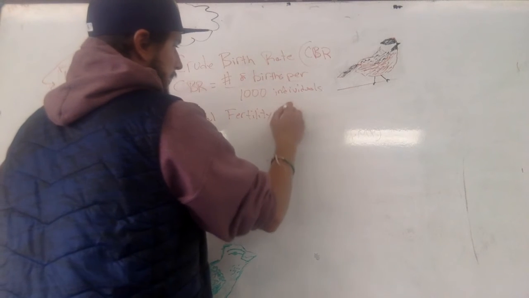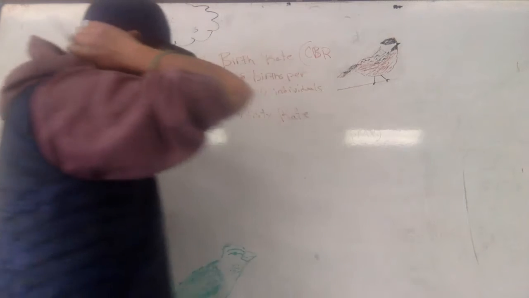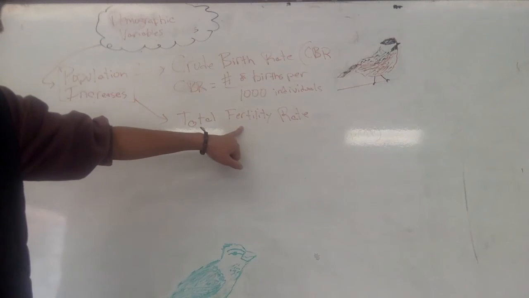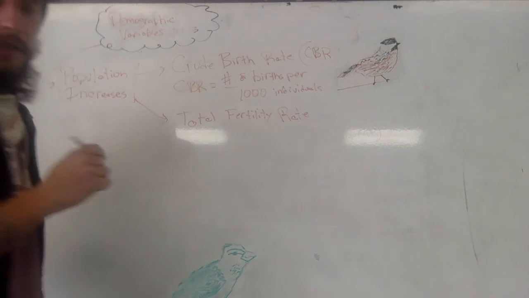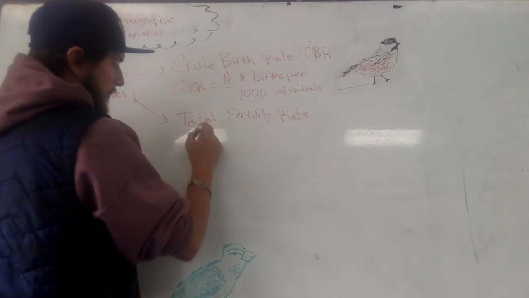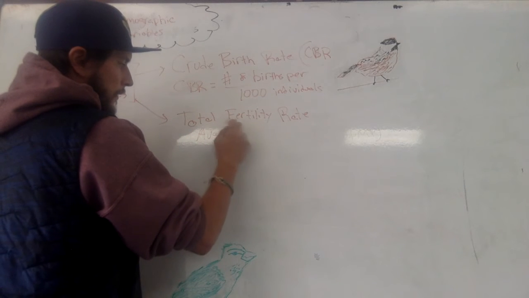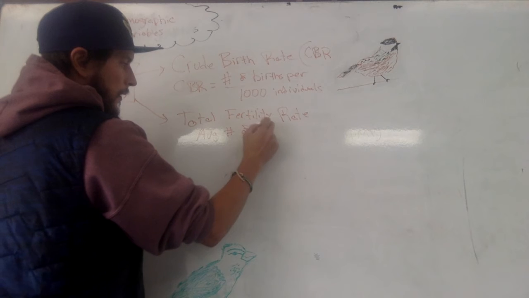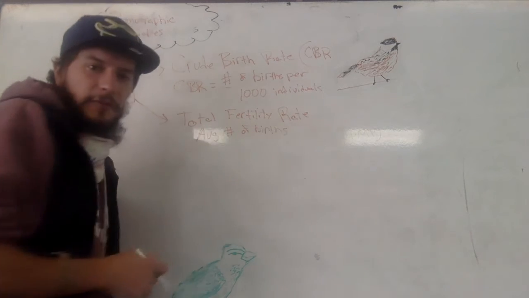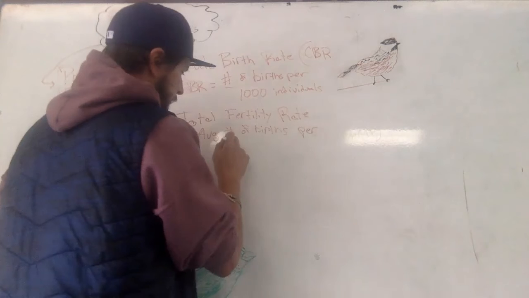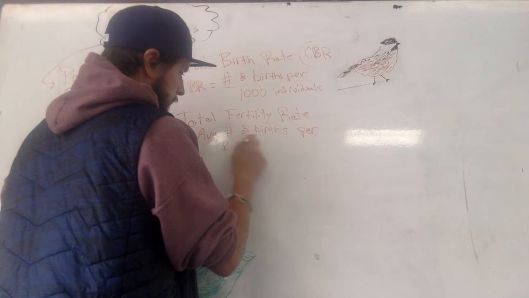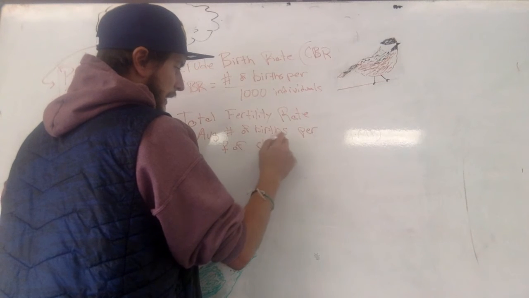And again, fertility is the ability to have babies. If you're fertile, you can have lots of babies, and if you're infertile, you cannot have any. So this is looking at the average number of births per woman of childbearing age.